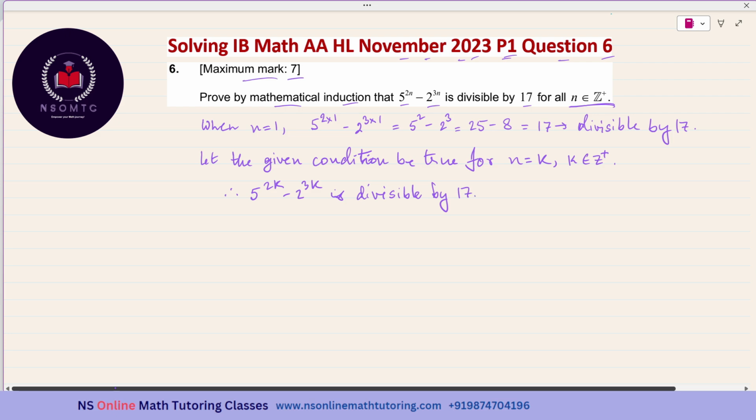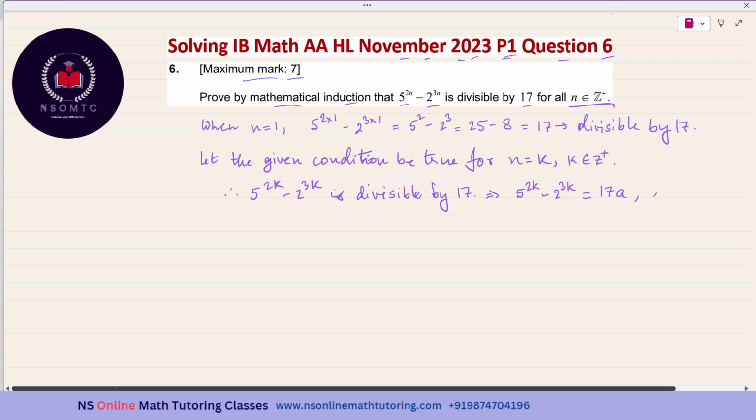And I have written this as a sentence but I have to express this mathematically. How do I say the same thing mathematically? I will be saying this implies 5 to the power of 2k minus 2 to the power of 3k equal to, say, 17 times a.